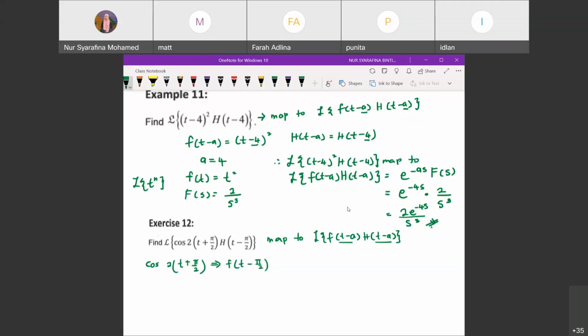So we can make some adjustment here, where you know that cos 2(t plus pi over 2) is equal to cos 2(t minus pi over 2 plus 2 pi over 2).